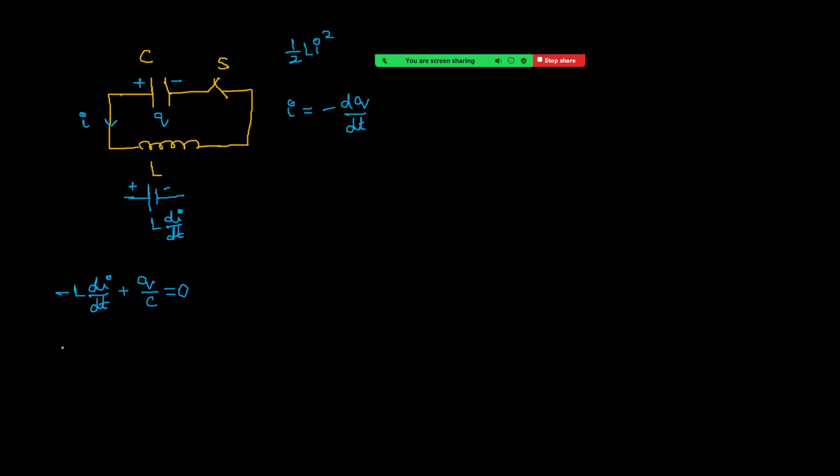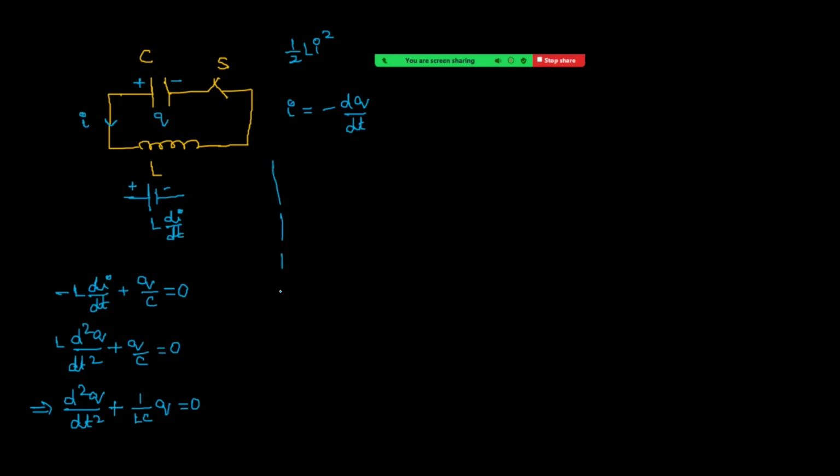Substitute this here. Then see what we get. It becomes L d square Q by dt square plus Q by C equal to 0, or I can write this as d square q by dt square plus 1 by LC into q equal to 0.